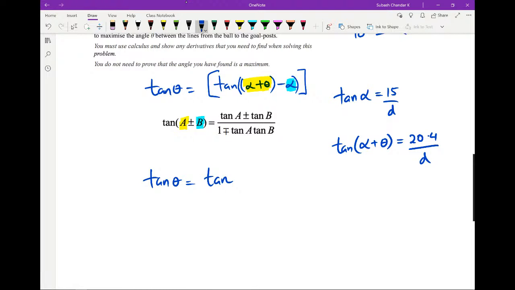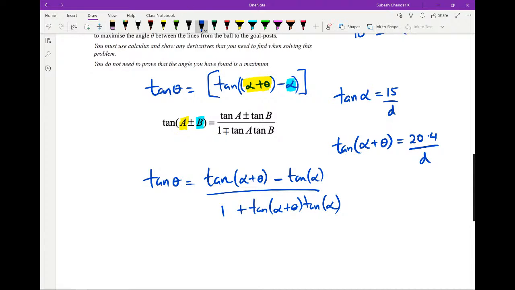Instead of A, we're going to put down alpha plus theta, minus, it's not going to be plus, it's going to be minus just alpha by itself, and then that's divided by 1 plus tan alpha plus theta tan alpha. I hope that actually made sense there, guys. Ugly question, as I said.